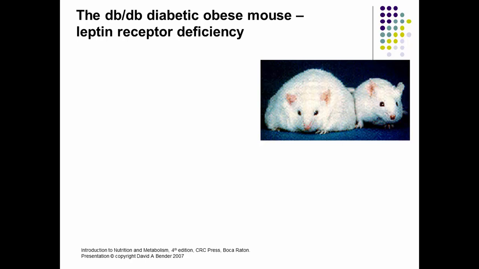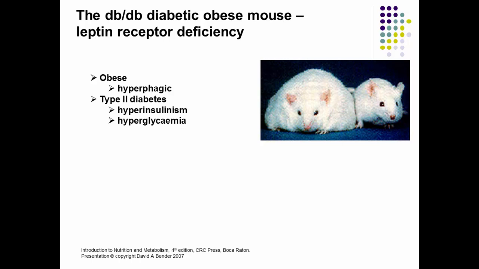They have a similar phenotype: they also eat a lot, gain a lot of weight, and are very diabetic. What do you think if we inject leptin into these DB/DB mice? Will it work? No, right? Leptin will not work in the DB/DB mice because of the lack of leptin receptors.